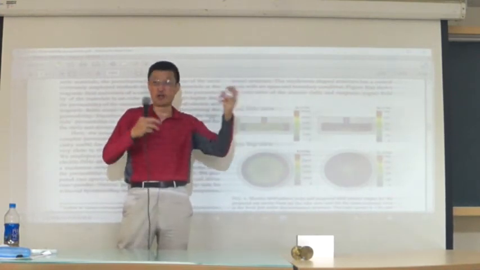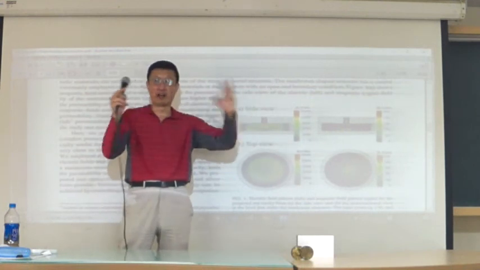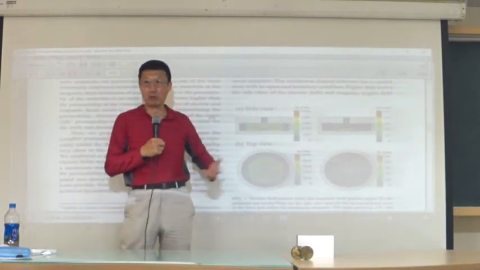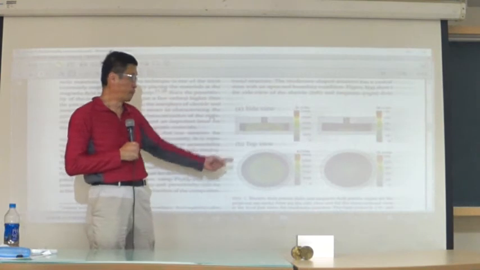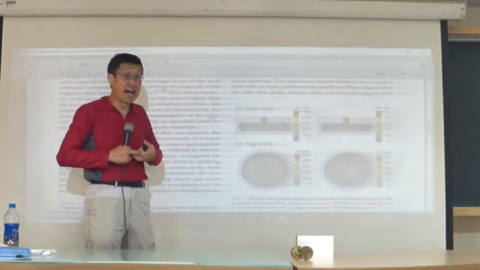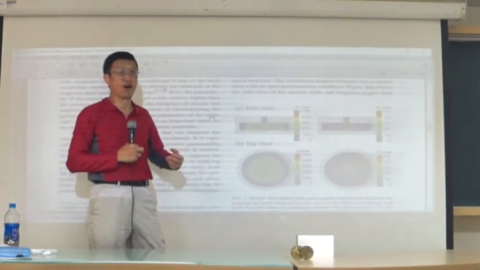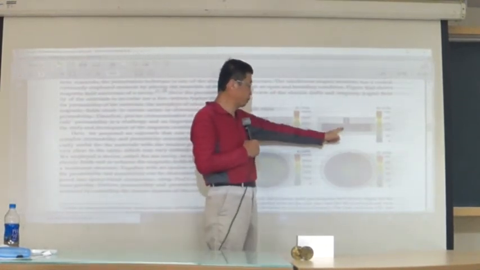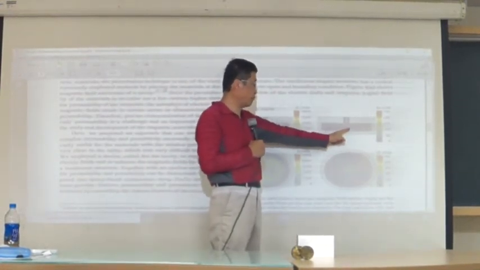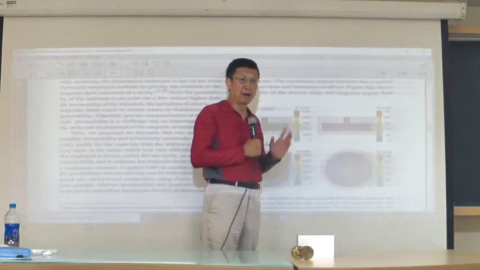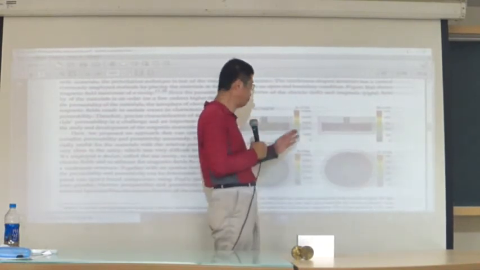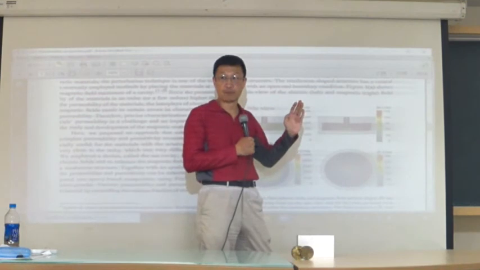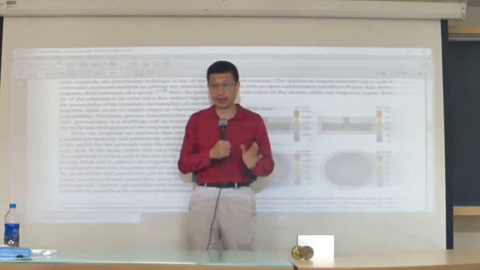E will generate B, B will generate E, and they couple together. But with this kind of geometry, we can slightly decouple the E field and B field. Obviously, if we put material close to the magnetic field, we will have magnetic response but no electric response. So we can separate their properties.